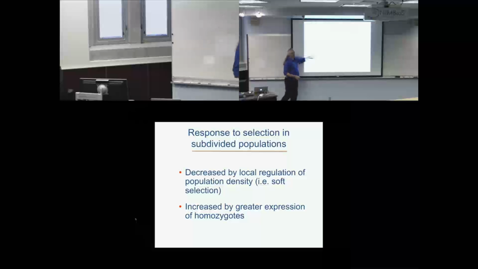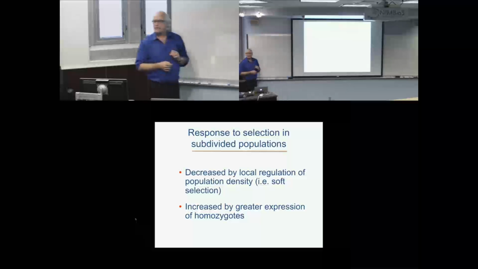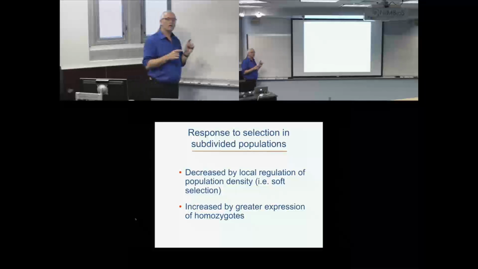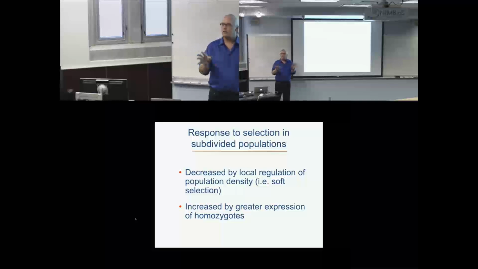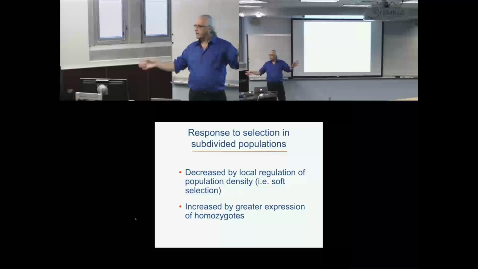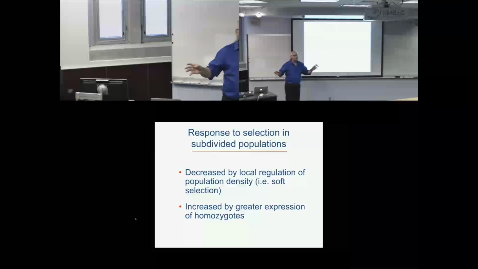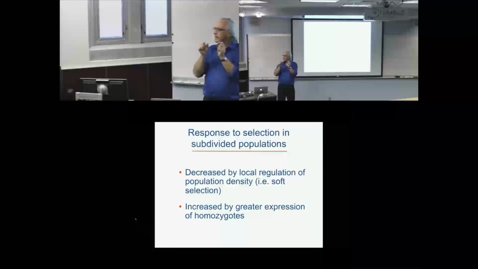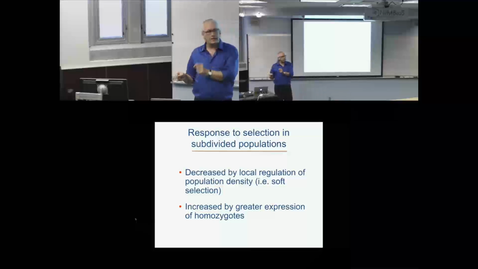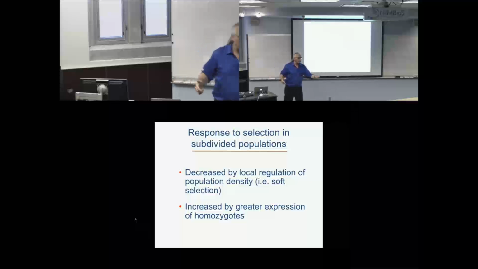But there's another thing that does the opposite, and that is when you have a structured population, for the same allele frequencies, you'll have variation among populations in those allele frequencies, and that has as a consequence that the probability of a locus being expressed as a homozygote is greater in a structured population, and it's greater in proportion to FST.